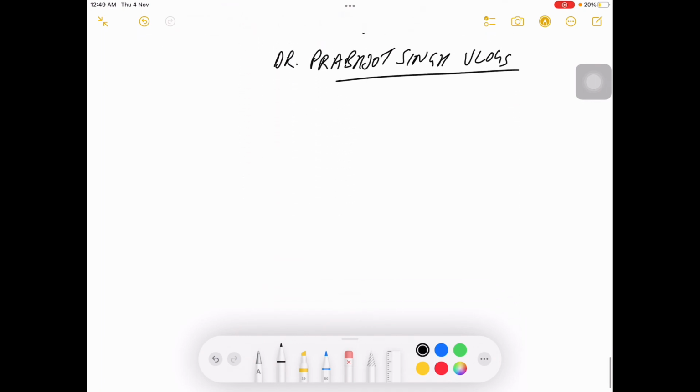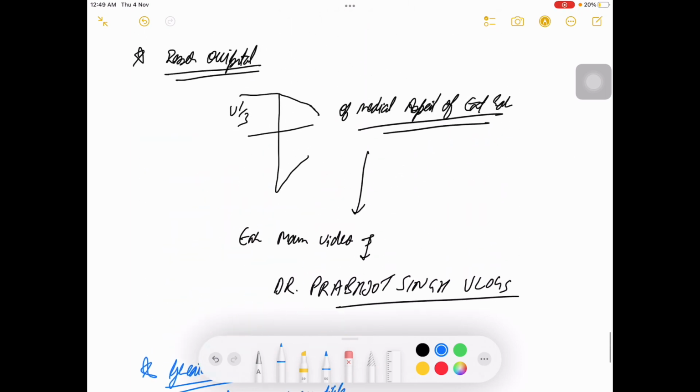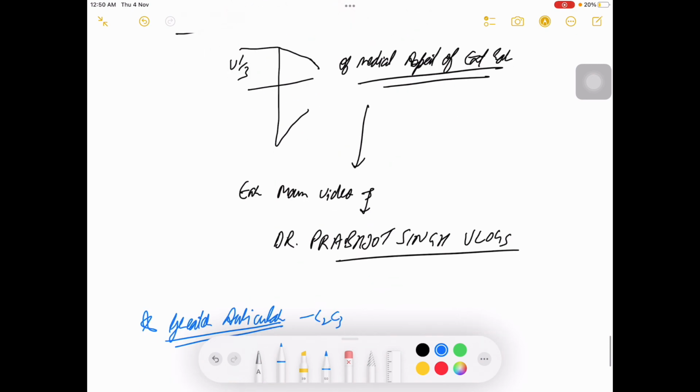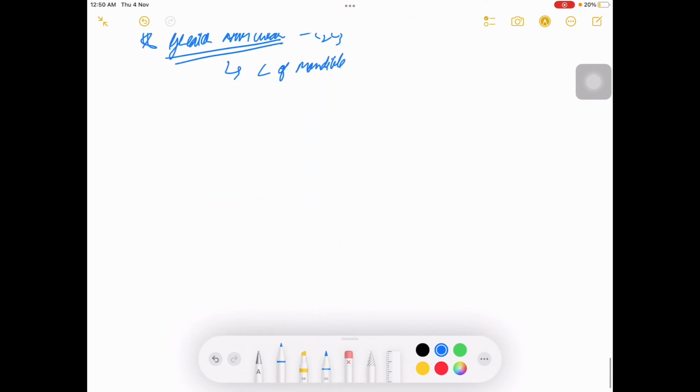The second one is the greater auricular. Okay, so the greater auricular comes at the angle of the mandible. Nerve roots I have already mentioned before, C2, C3. Lesser occipital is C1. So at the angle of the mandible it comes and divides over here into two, anterior and posterior.